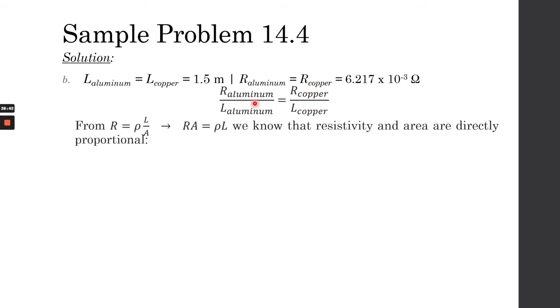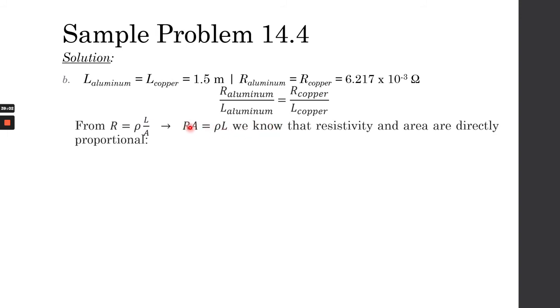Pinag-usapan natin yan kanina. So from this equation that the resistance is equal to rho times the length divided by the area, if we multiply both sides by the area, we'll get this equation right here.